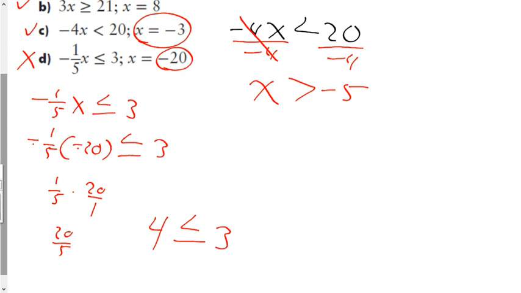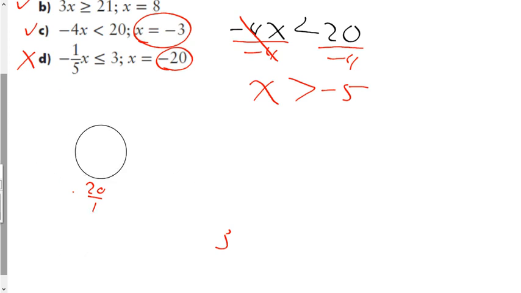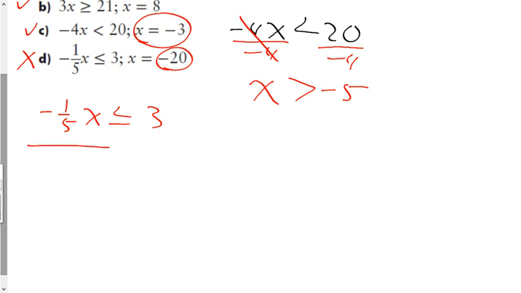Now, if I go back just to see if it is, and just solve it normally, without substitution, the negative 1/5 x is less than or equal to 3. I'm going to divide both sides by negative 1/5, and dividing by negative 1/5 is the same thing as multiplying by the reciprocal, correct? And what's the reciprocal of negative 1/5? Negative 5, correct? So I'm going to multiply this side by negative 5.